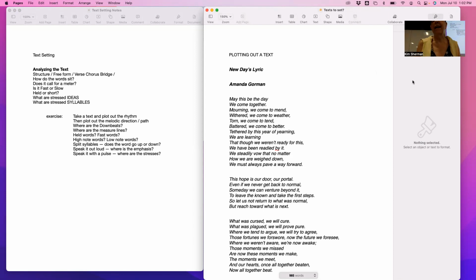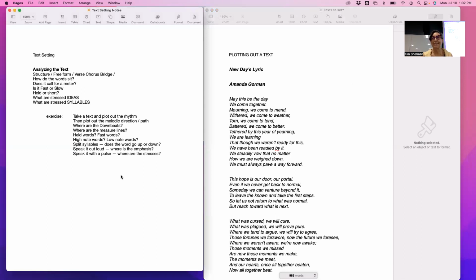So, text setting. Have either of you done any text setting? Yes. All right. So let's talk about setting text and how we start doing it.